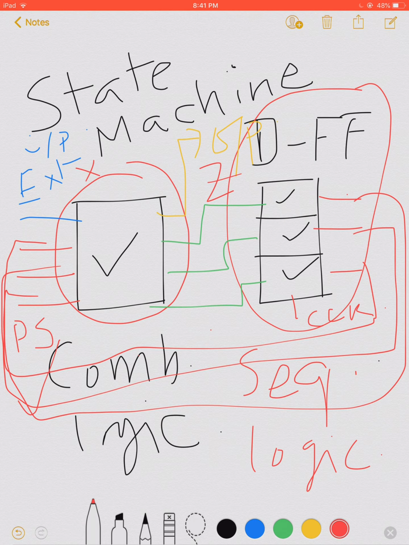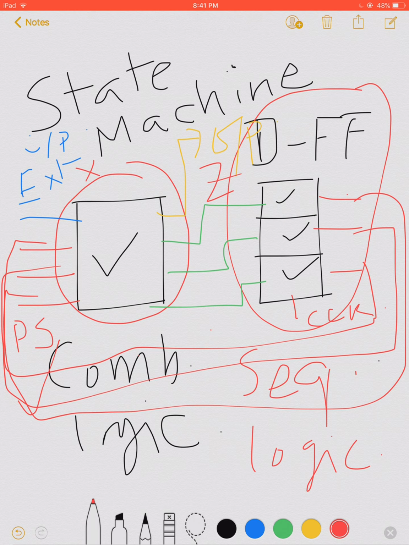This way the state machine works. This combinational logic is also called the steering logic block because it steers the circuit from one state to another state, right?